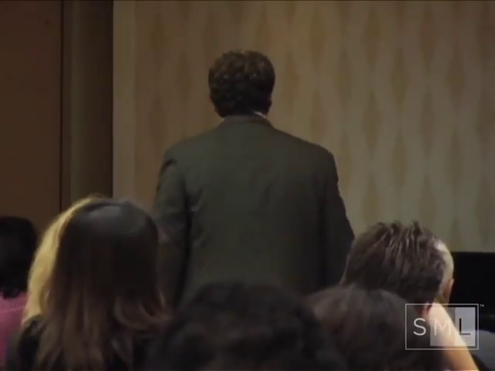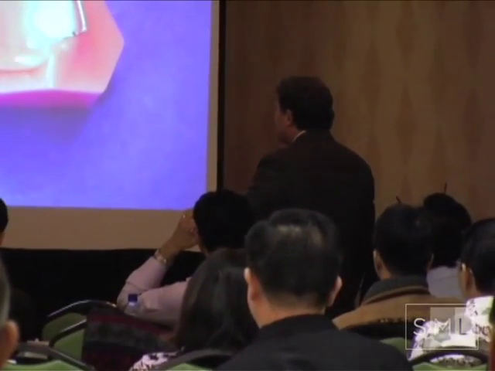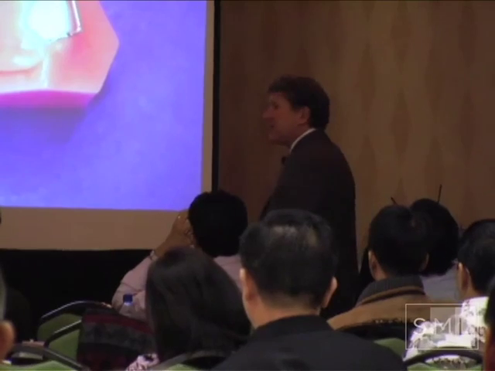So what's wrong with this appliance design? Who can tell me? Anybody? Class. The clasps. Who said that? What's wrong with the clasps? It's not attached to the tooth. Well, they're Adams clasps, and Adams clasps are not particularly retentive on primary teeth.